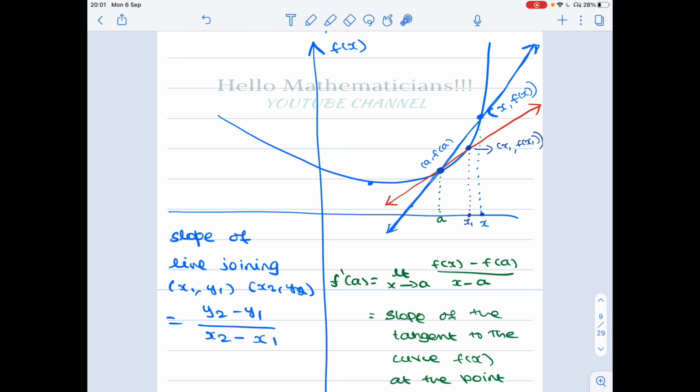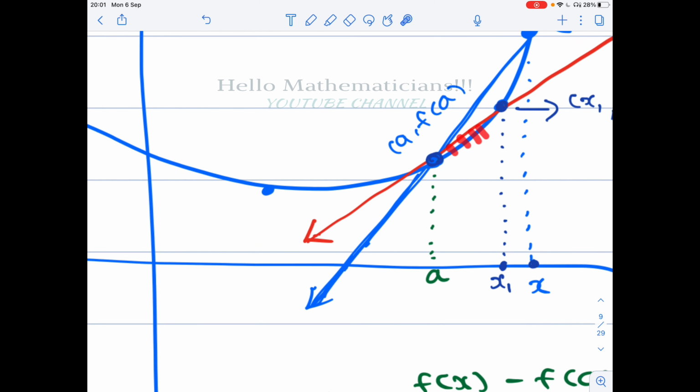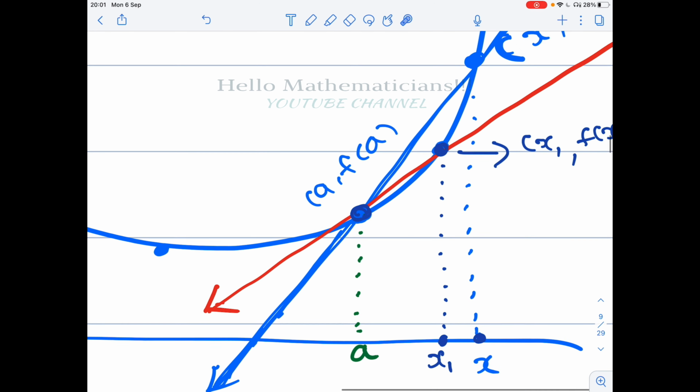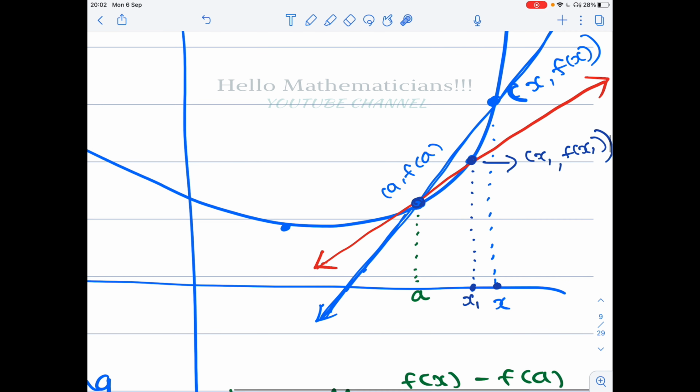If you look at these two lines, the region bounded between the line and the curve has decreased. For example, you see the area bounded between the line joining (a, f of a) and (x, f of x).